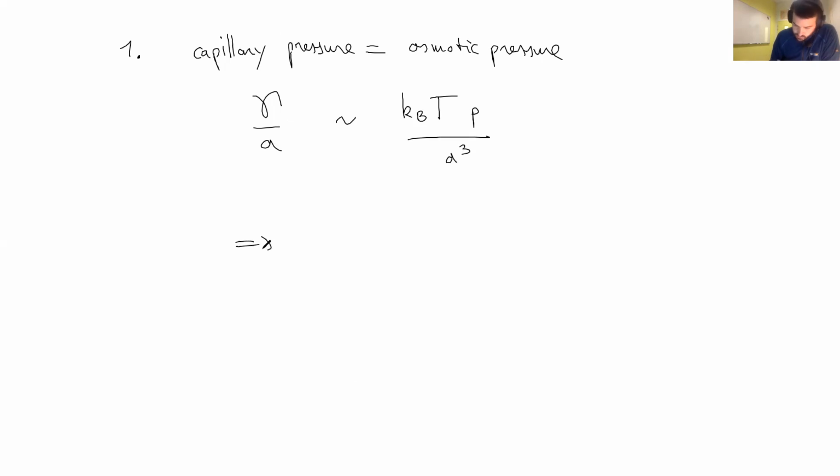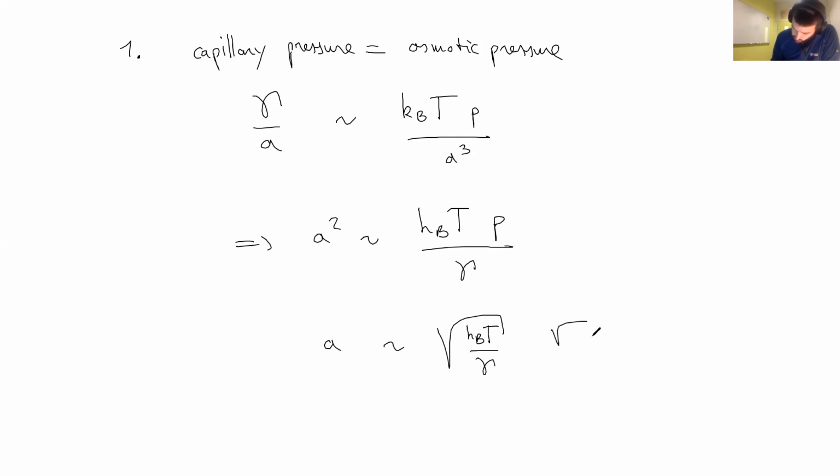So I end up with a squared equal to kBT P over gamma. In other words, I have a, which is the ratio between kBT over gamma, a typical length scale, times square root of P. This is, let me call it a equilibrium, because now we have a real equilibrium for our vinaigrette.